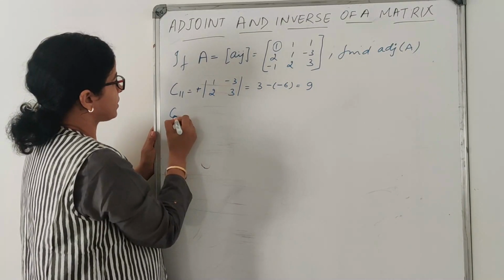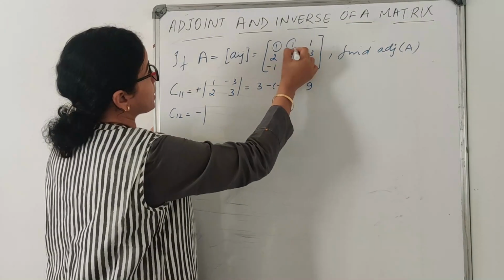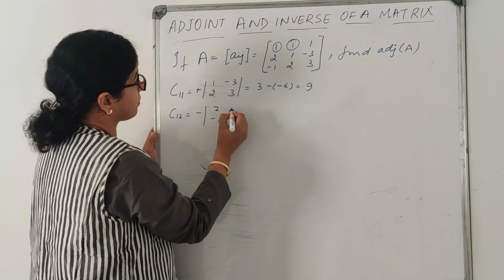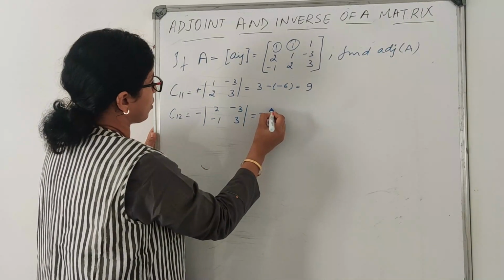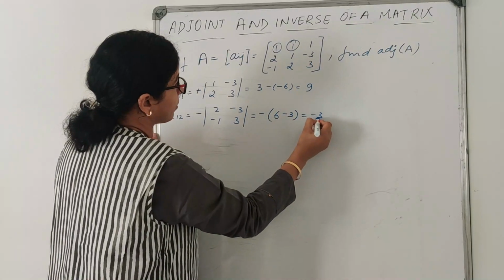Now C12: a minus sign will come. Leaving the corresponding row and column, 2, minus 1, minus 3, 3, which is equal to minus of 6 minus 3, which is equal to minus 3.